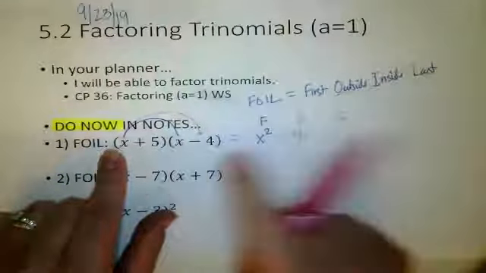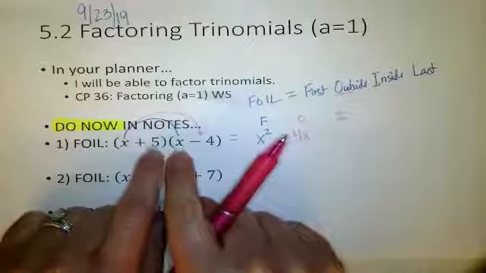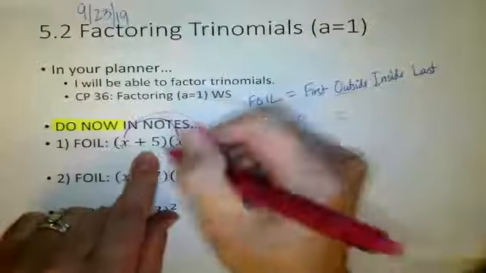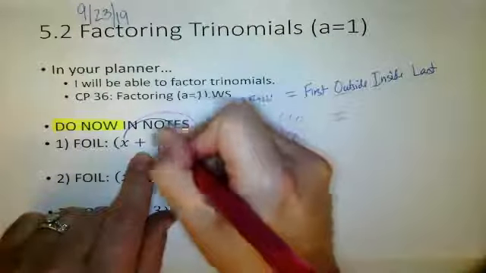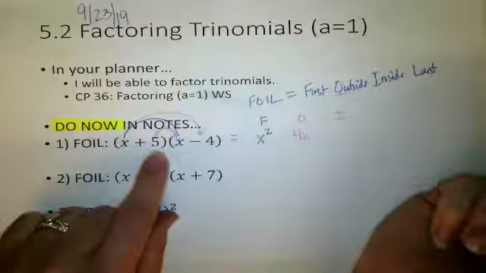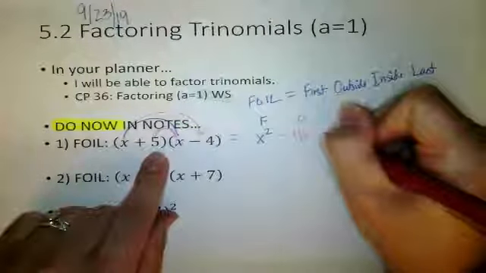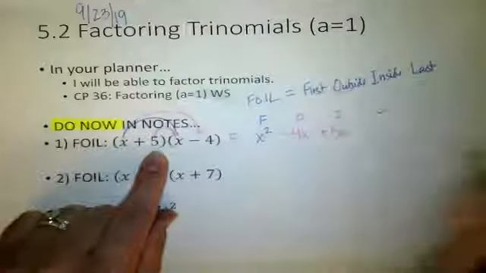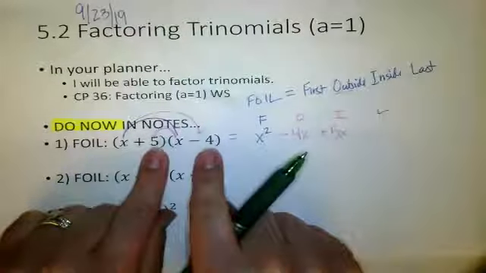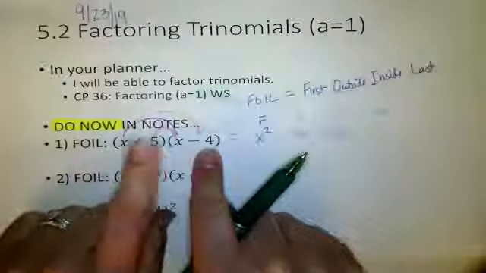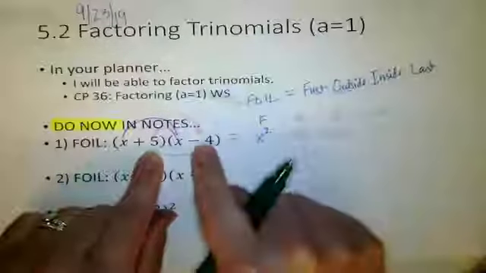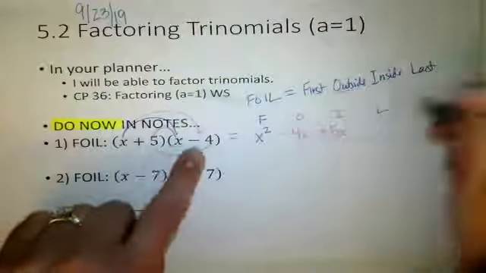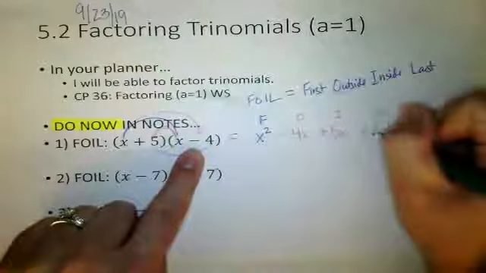And then the I stands for the inside two, we would multiply together. So that'd be 5 times x. And what is 5 times x? 5x. And then last times last are the last two terms in our bubbles there. And last times last is 5 times -4, which is -20.